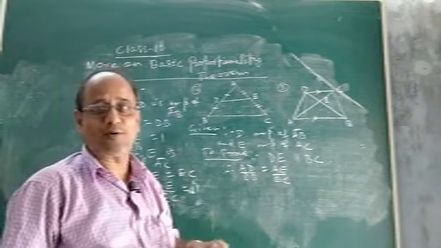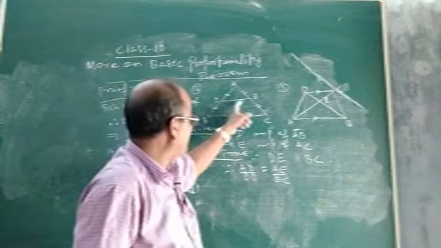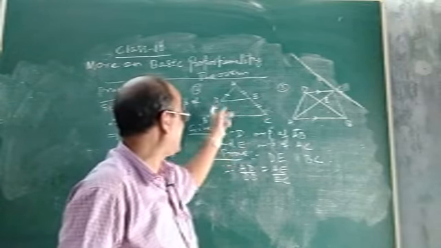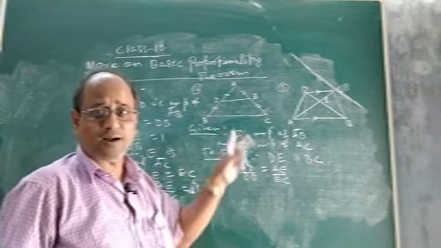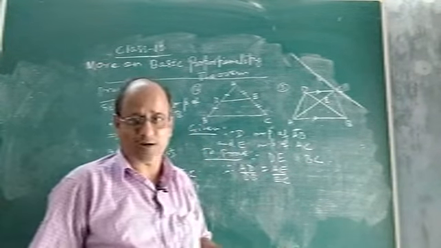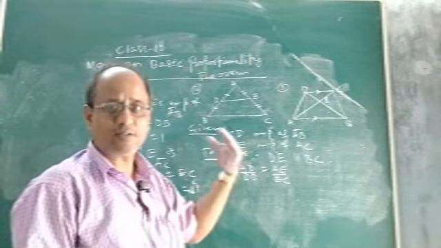By converse of basic proportionality theorem. DE divides the two sides AB and AC in the same ratio. So if a line segment divides two sides of a triangle in the same ratio, then that line segment must be parallel to the third side, by converse of Thales theorem.